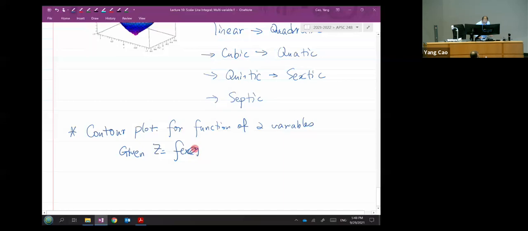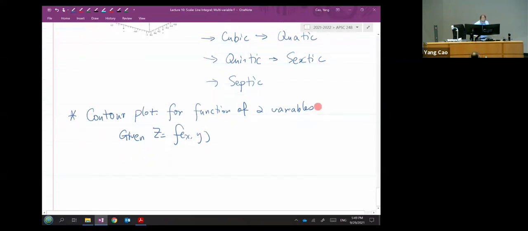Let's say this is a function of two variables, and we want to visualize it. We just showed you that you can certainly graph it out and present yourself with a surface. So that's one way to visualize it.